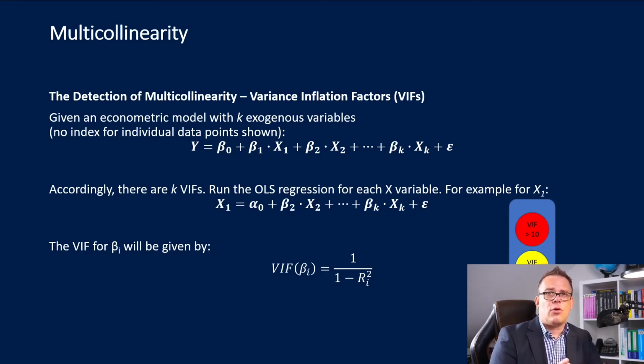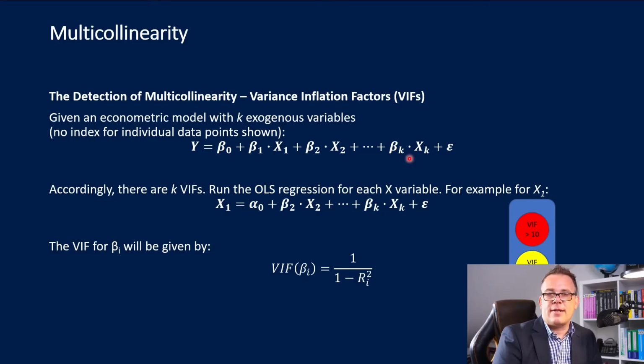It can already induce some instabilities, and definitely with a variance inflation factor of larger than 10, we should not work. We should remove the variable. And of course, for each and every econometric model with, let's say, k explanatory variables, we will have k variance inflation factors, so we have to check them all.